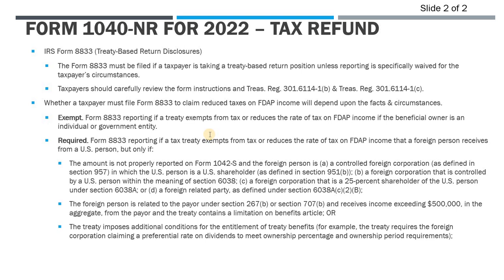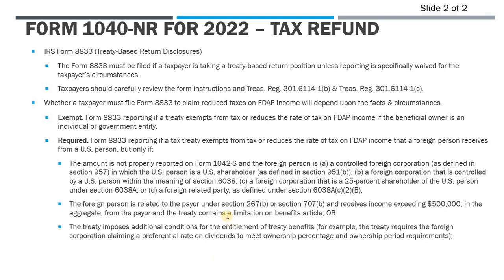And so that's important because a lot of these circumstances where the reporting is specifically required occur when you have amounts paid to foreign companies, so not individuals, or they're paid to individuals, but there's related party issues, right? And so in our case, we're not going to necessarily have to do it, but again, we're going to take the position anyway, and then we want to lay it all out on the 8833. Just so the IRS has a full record, and if John is ever curious why in the future he took those positions, well, he's got it all on the return.